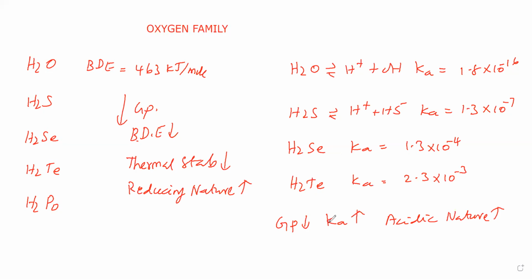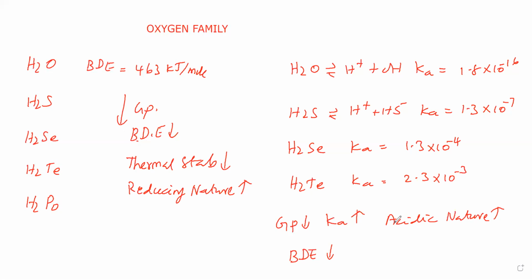That's why H2S has more tendency to donate H plus than water, because the bond dissociation energy of H2S is less when compared to water. So bond dissociation energy down the group decreases. Therefore, H plus donating tendency increases, so acidic nature increases. The experimental evidence is that Ka increases. Therefore, down the group, we can say acidic nature increases.